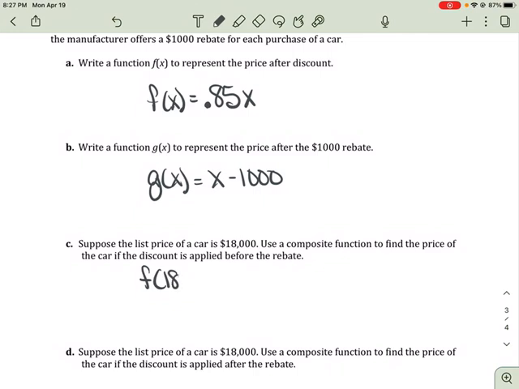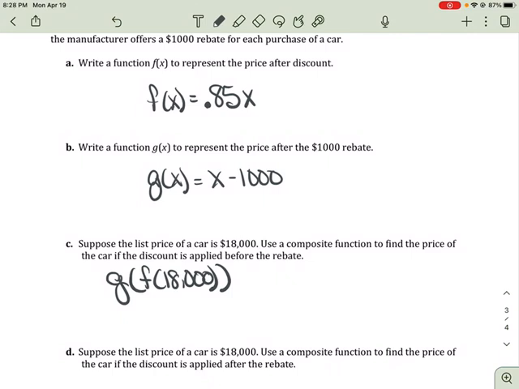So we're going to do f of 18,000, and then we're going to do g of that, because we're going to find the price after the rebate, and then we're going to take the rebate. Okay, so I'm going to do 0.85 times 18,000.